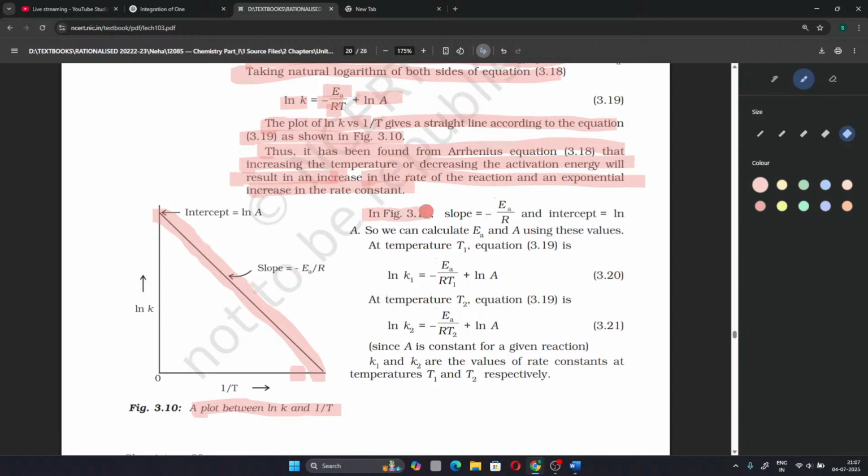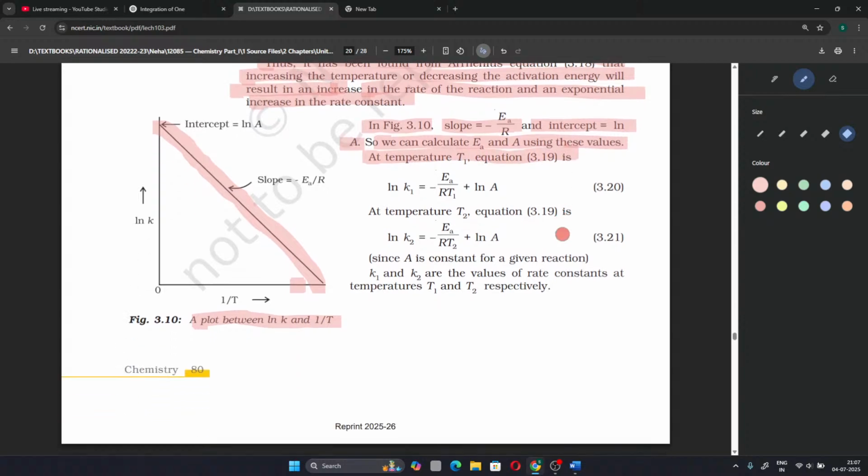In figure 3.10, the slope is minus EA by R and the intercept is ln A, so you can calculate EA and A using these values. At temperature T1, equation 3.19 gives ln K1 equals minus EA by RT1 plus ln A, basically substituting in the equation. At temperature T2, again the same thing.